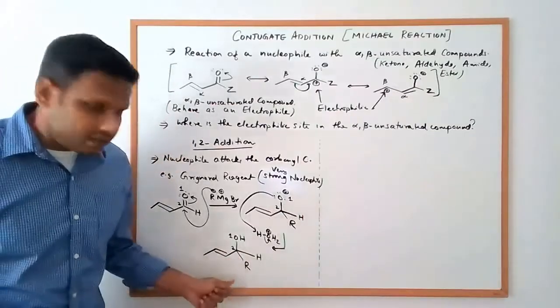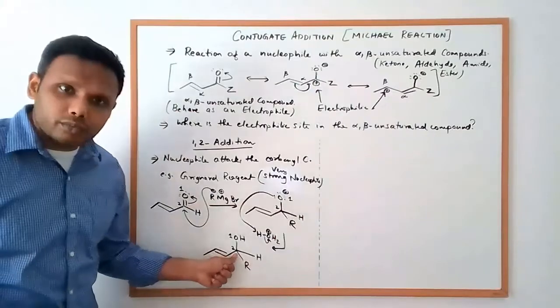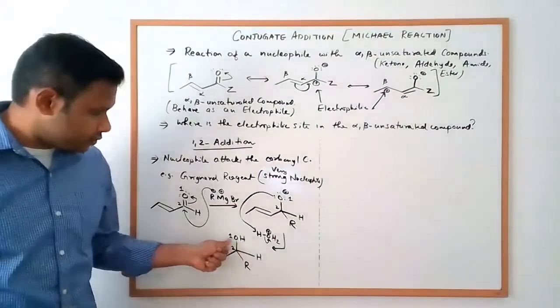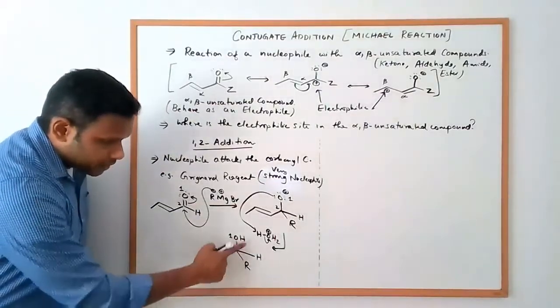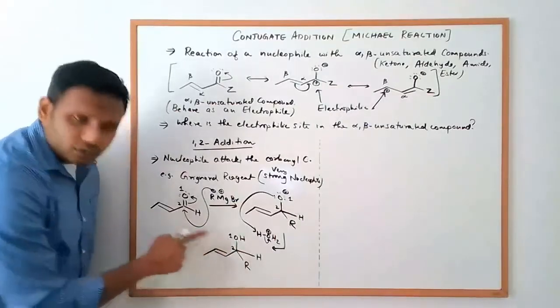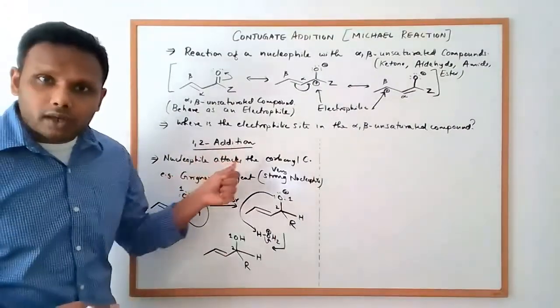Essentially what we did in this reaction is add an R group to the carbonyl carbon, and add a hydrogen to the oxygen. The atoms these groups added to are related to each other as 1 and 2. That's why this is called a 1,2 addition.